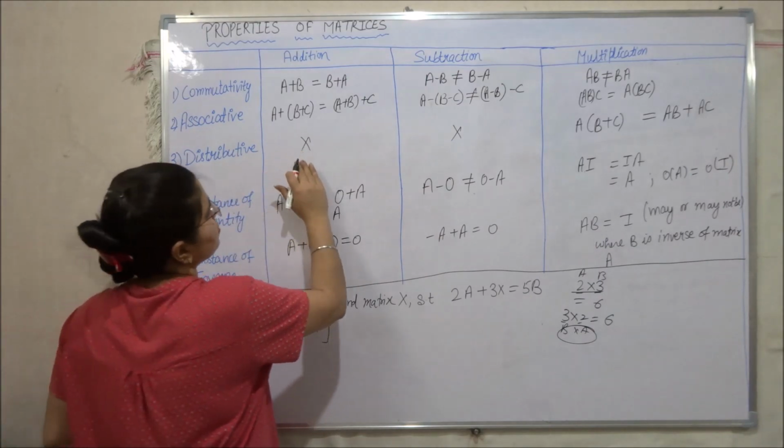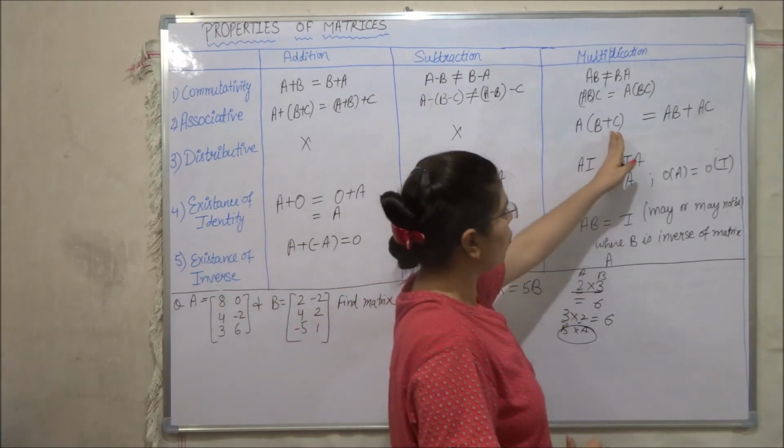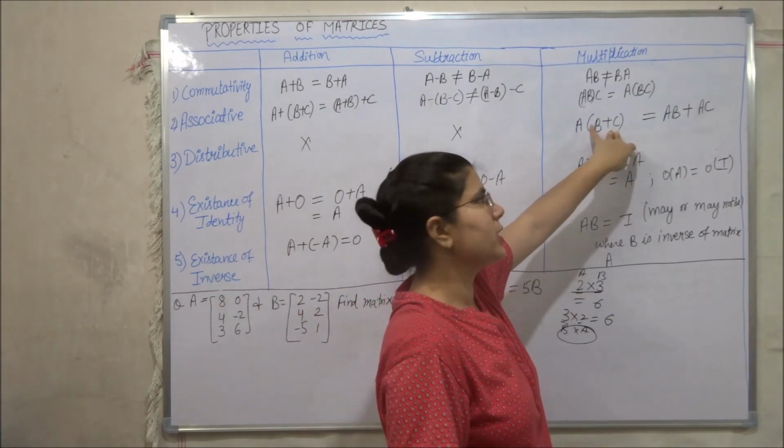Distributivity does not hold in case of addition and subtraction, but it holds good in case of multiplication.